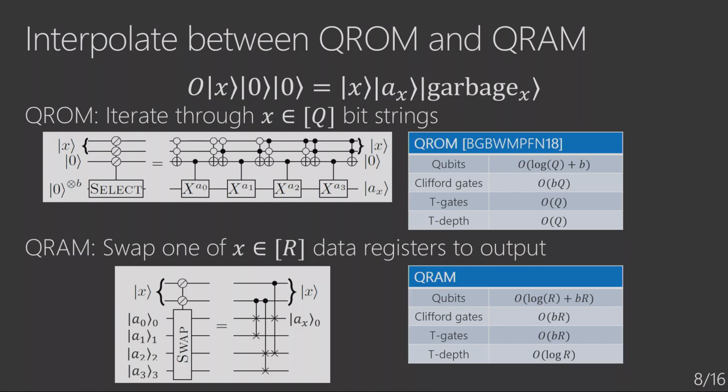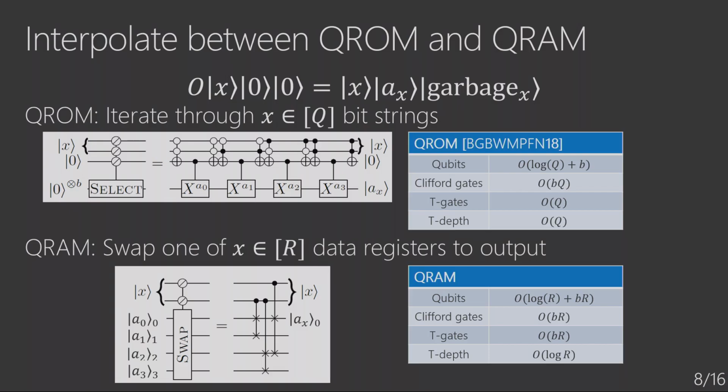Then controlled on our index X, we perform a number of swaps to move the register that is indexed by X to some standard output register. So in this case, the 0th register. If you have R registers, then you have R swap gates, and each swap gate uses one Toffoli. One Toffoli can be decomposed into 4 T-gates if you don't care about phase. So that's how you get the results in that table, which is the same as the earlier slide.